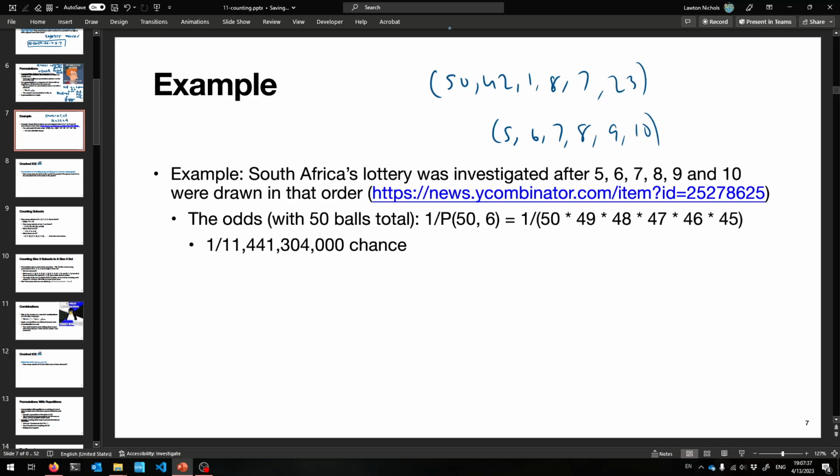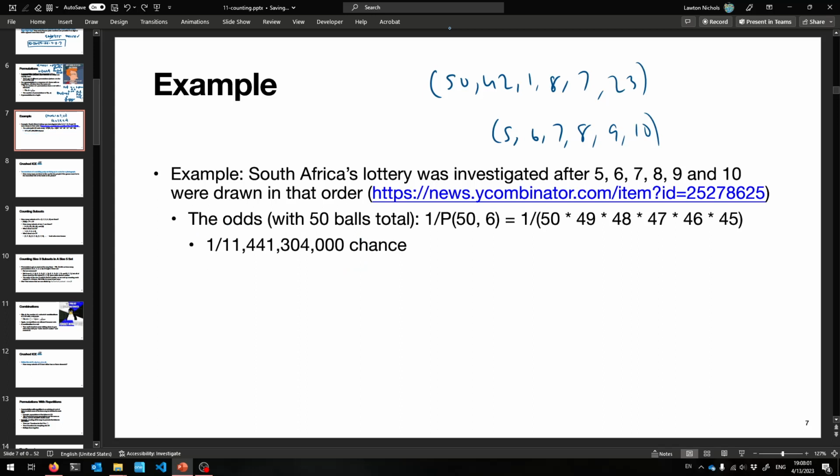And so the odds of that are 1 chance over all the different ways that you could permute 6 elements out of a size 50 set, which is 1 over 50 times 49 times 48, all the way to 45. That ends up being a 1 in 11.5-ish billion chance. And so I think you can see why they were investigated.